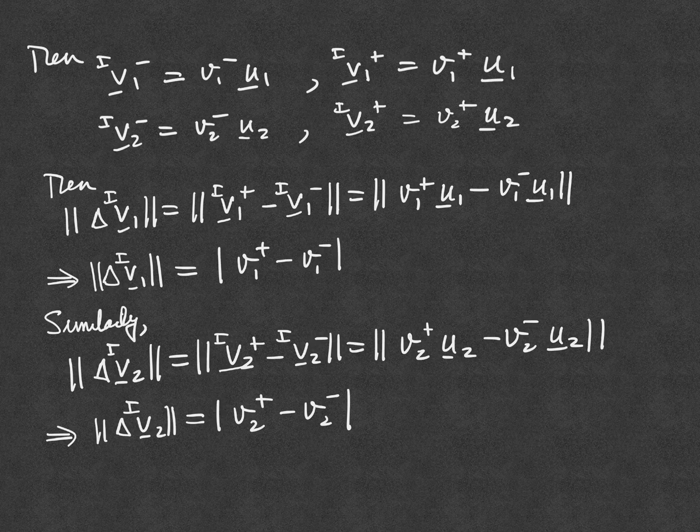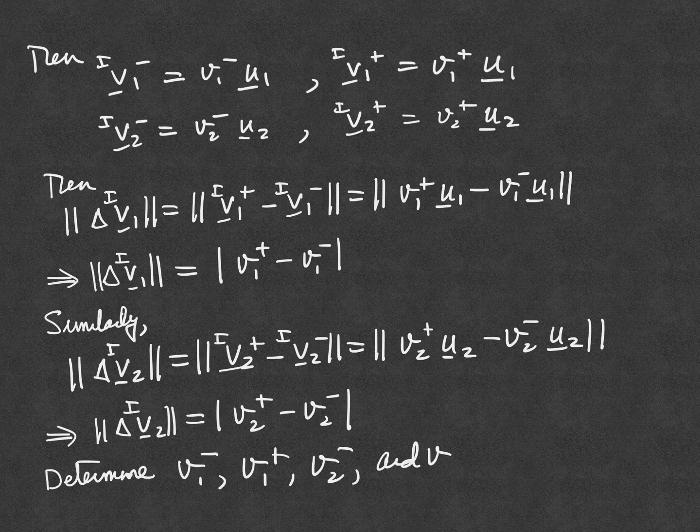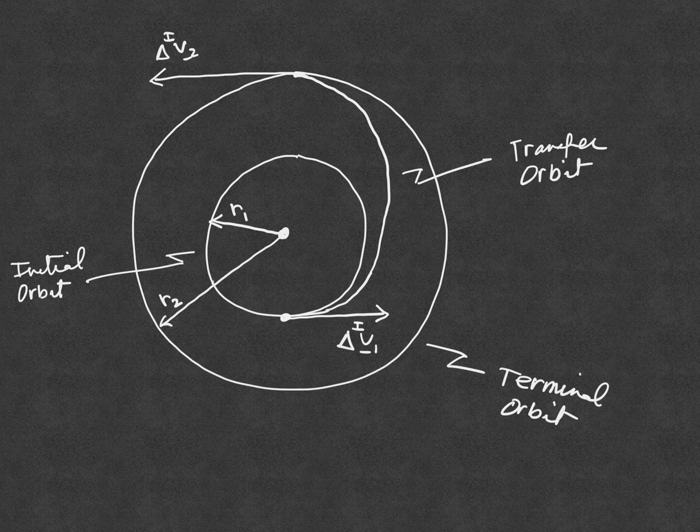So we need to just determine the magnitudes of these four speeds, and we will be able to determine the total impulse. So determine v1 minus, v1 plus, v2 minus, and v2 plus. So let's look at this picture again.